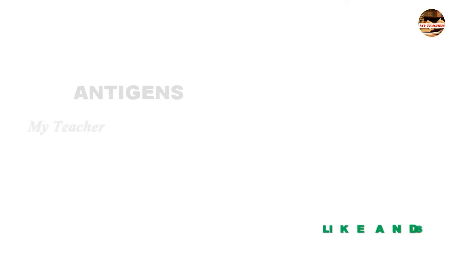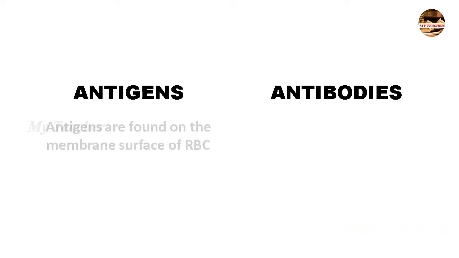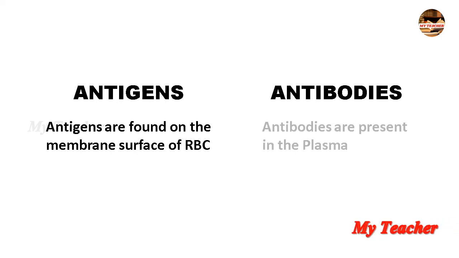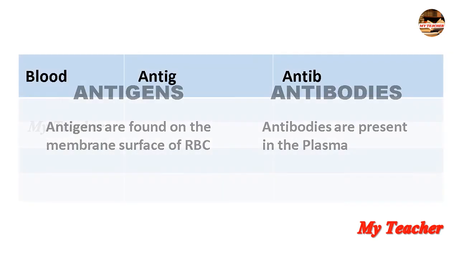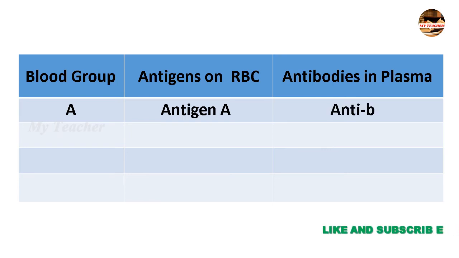I will explain the antigens and antibodies in each blood group. I have already told you antigens are found on the membrane surface of RBC and antibodies are present in plasma. Let us see in A blood group. Antigen is antigen A, antibody is anti-B.